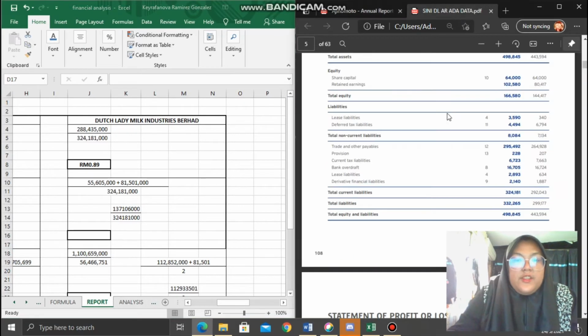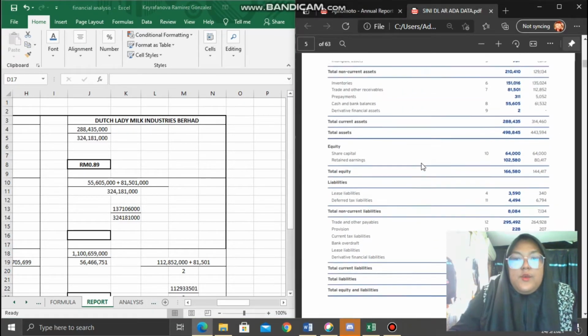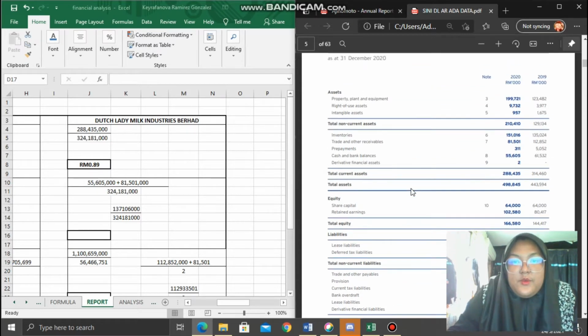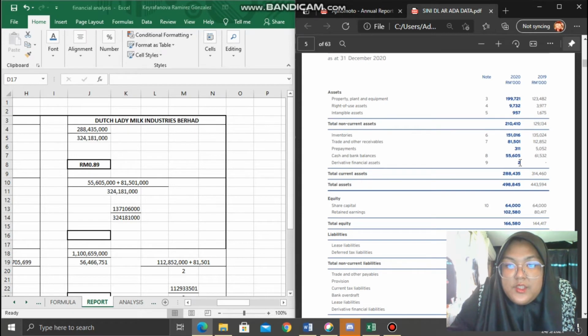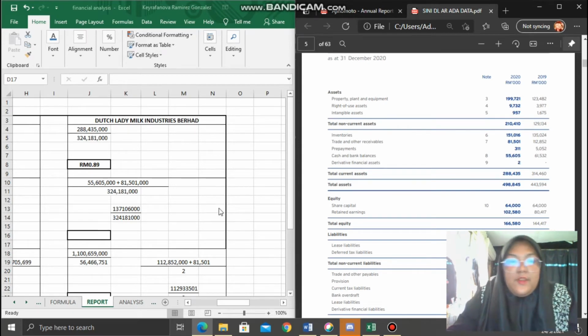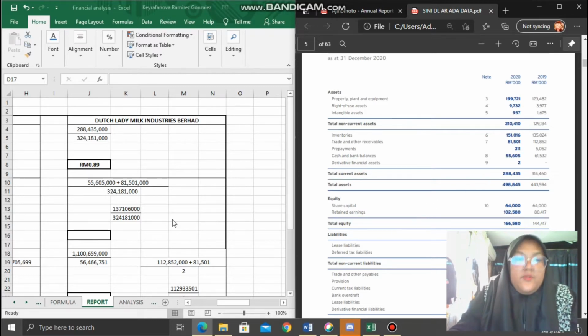Now for Dutch Lady Milk Industry Berhad as well, we need to find the cash in asset, which is 55,605,000, and add it with 181,501,000 from trade and other receivables in the statement of financial position, and we divide it by the current liability.